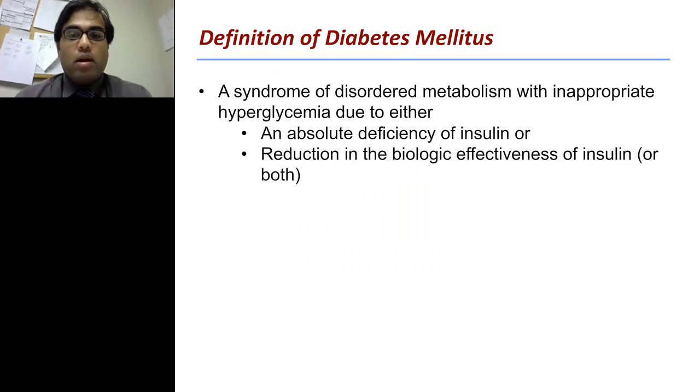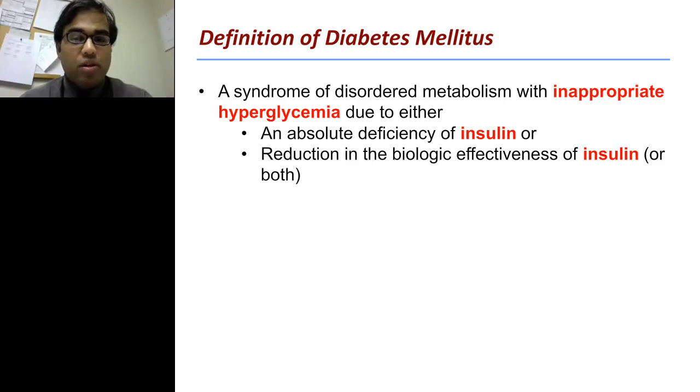So how do we define diabetes nowadays? And this is a standard classical diagnosis from the World Health Organization from several decades ago, which noted that the definition of diabetes really is a syndrome of disordered metabolism with inappropriate hyperglycemia due to either an absolute deficiency of insulin or reduction in the biologic effectiveness of insulin, or both.